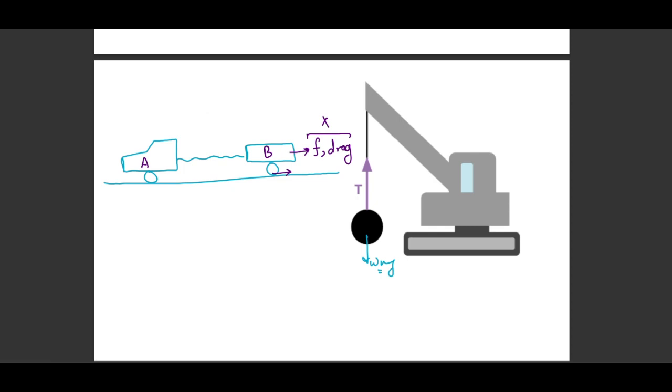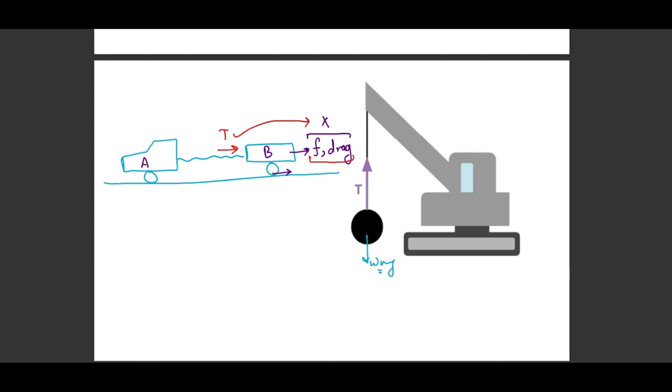It communicates this through this connected thread, right? So how is it going to do that? It is going to represent this friction component through this chain or thread with the force of tension, right? But we know that this tension actually comes from the component of X. This is actually a representative of the friction and drag experienced by B, right?